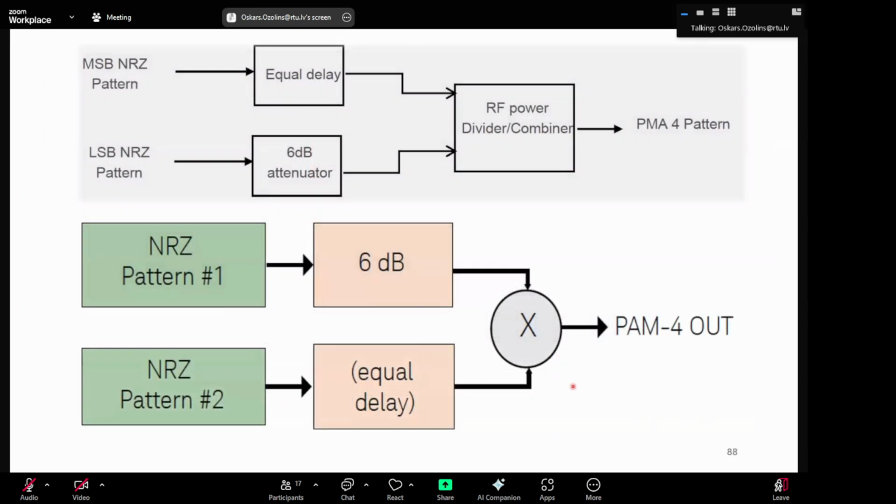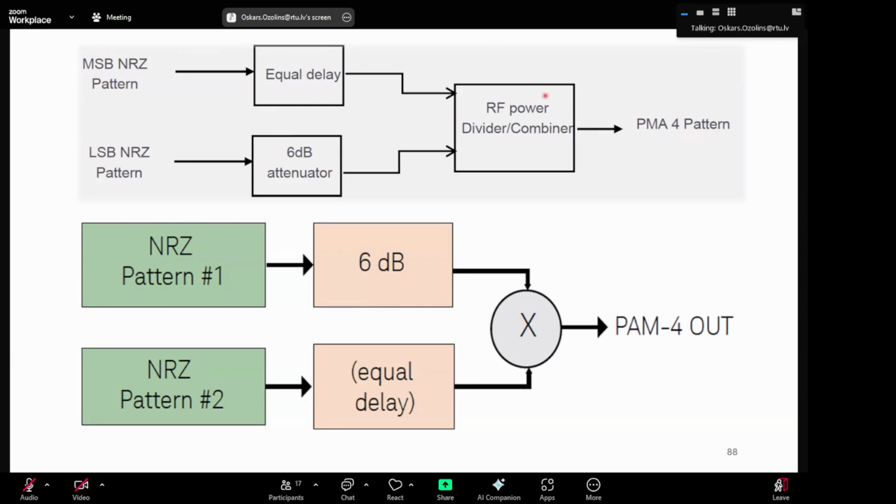And then there's also the question of how you generate these PAM4 signals. In this case, I wanted to share the way it was done. There are a couple of ways you can do it. One way is to use a bit pattern generator, when you have two non-return to zero streams.